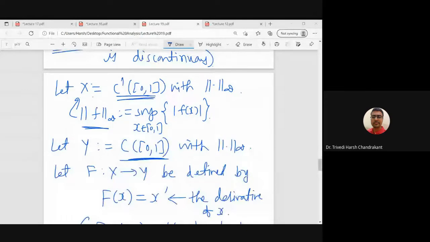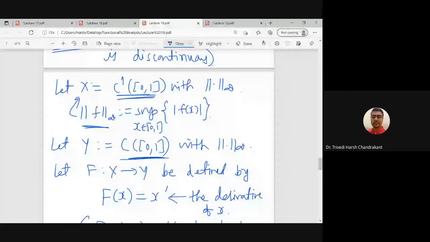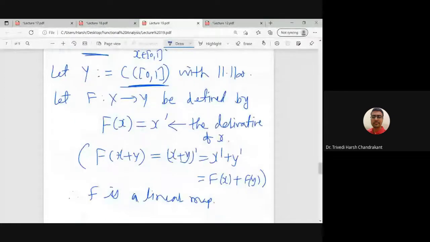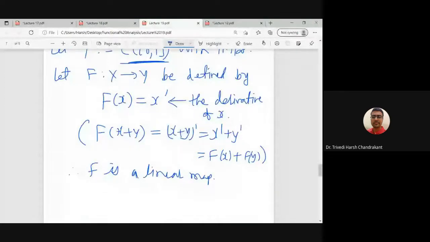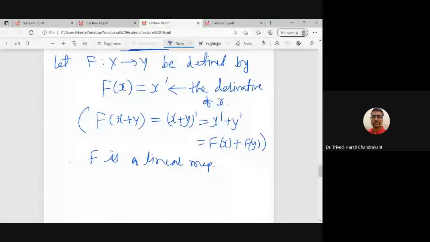The simplest polynomials are the power polynomials, so x square, x power n, and so on. Here we are using the notation x for the functions, and we will consider the function as a variable of t.